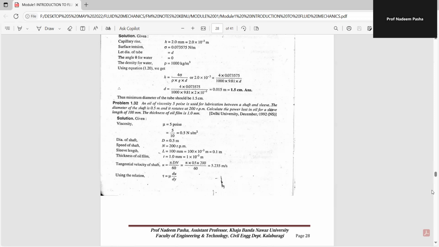If you remember all these things, then you can easily solve the problems and also appear in the exam. Density is mass by volume, specific weight is weight by volume, specific volume is volume by mass. So this type of thing you can easily calculate.